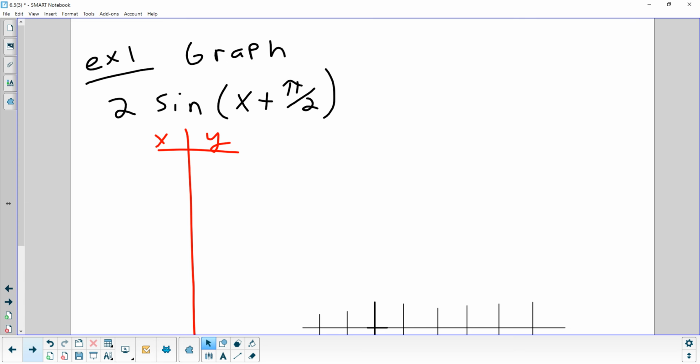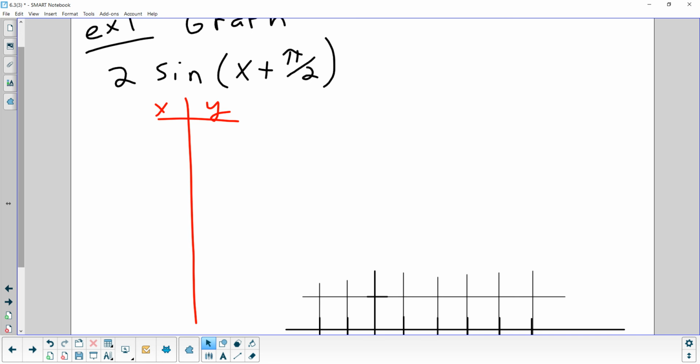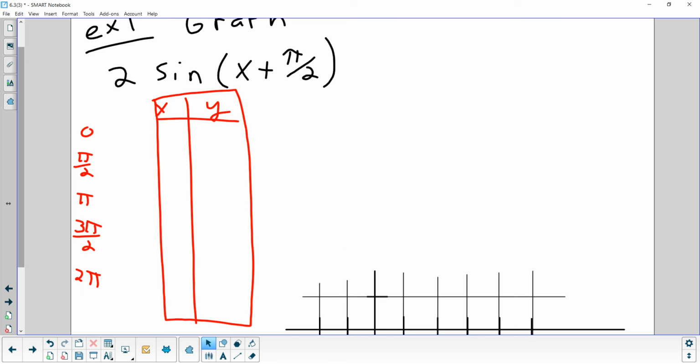All right. So, let's start with the x's because we're going to do the phase shift first. What are my original x values? 0, pi over 2, pi, 3 pi over 2, 2 pi. All right. And am I going to add or am I going to subtract to all those? Subtract. Yep, I'm going to subtract. And how much am I going to subtract?